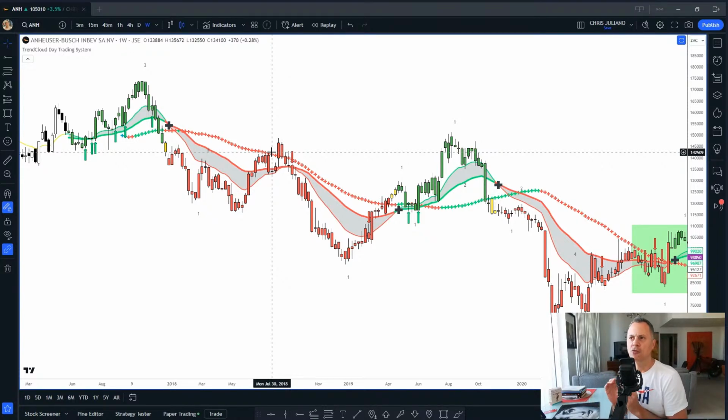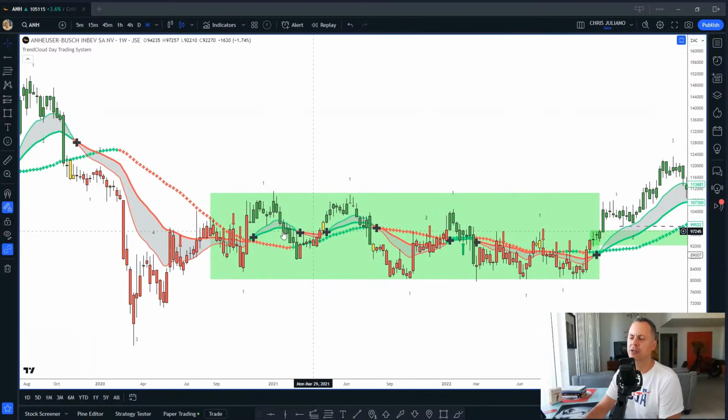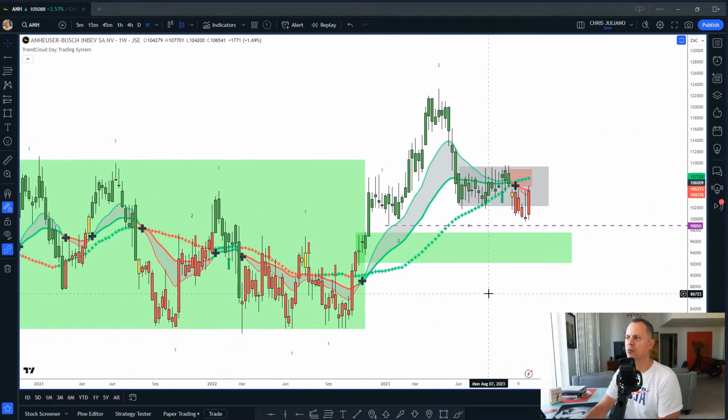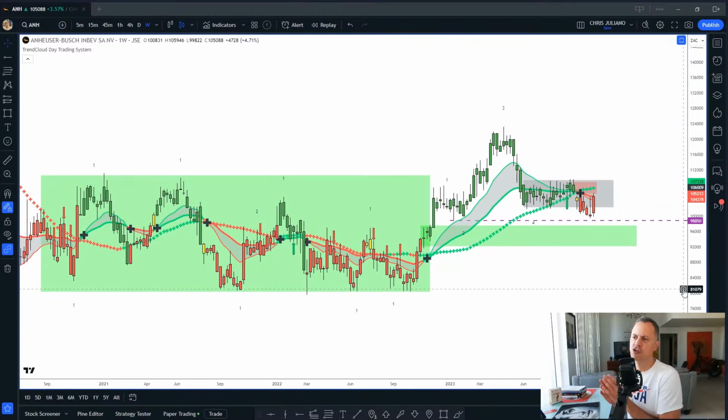And trade those iron condors on Anheuser-Busch maybe, or any type of sideways option strategy would be very good for Anheuser-Busch. So that's what I would recommend, some kind of option strategy that uses the sideways market.